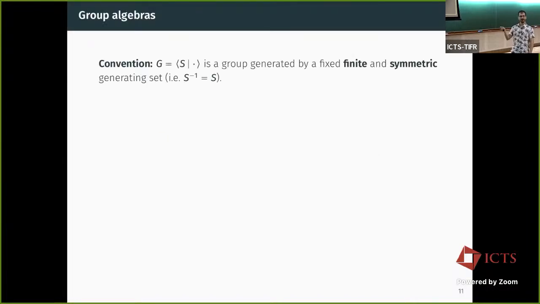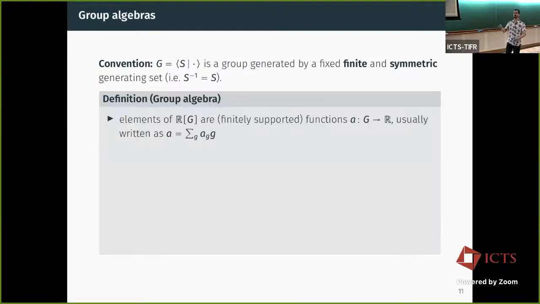So the primary algebras that we will be dealing with are the group algebras for some finitely generated groups. And I'm going to assume that my generating set is symmetric. That means that it contains all the inverses, right? So what is this group algebra?